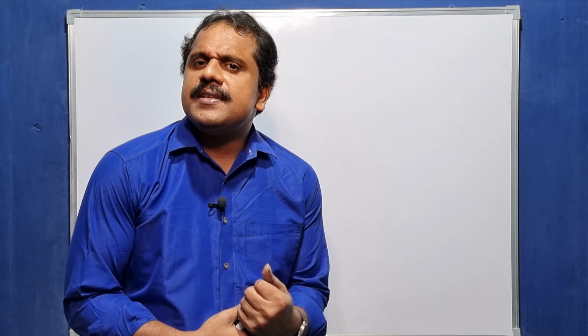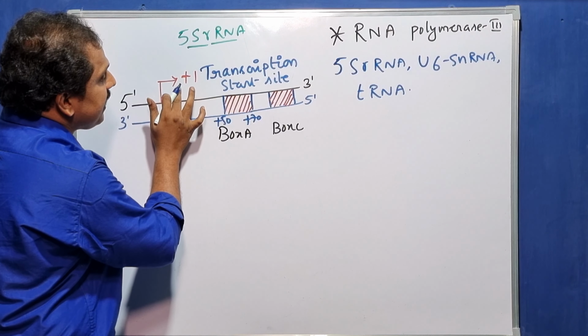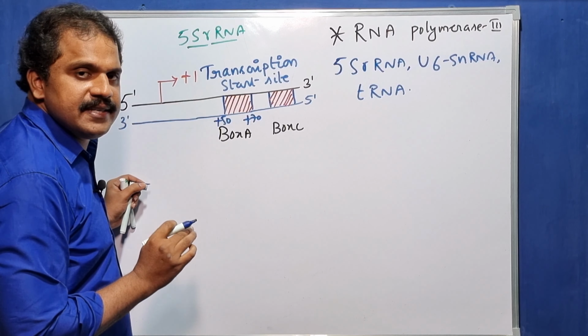Here box A is located around 50 nucleotides and 70 nucleotides downstream from the transcription start site. Is it clear? So let me write it here. Plus 50 and plus 70, because the promoter region is present at the downstream site, and the transcription start site is present at the upstream site.